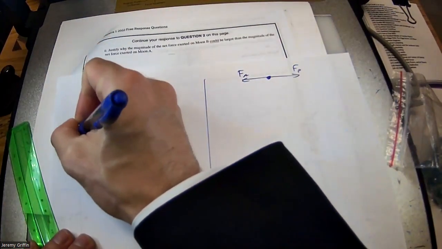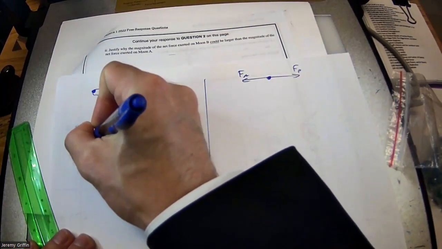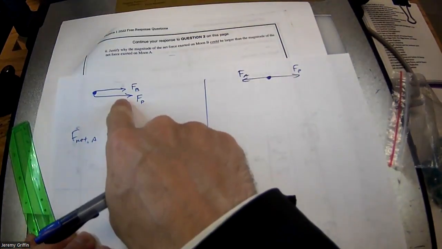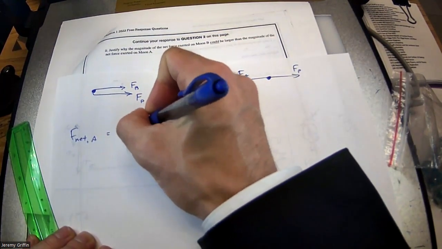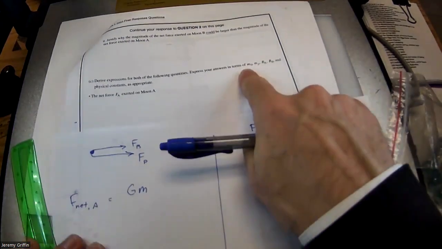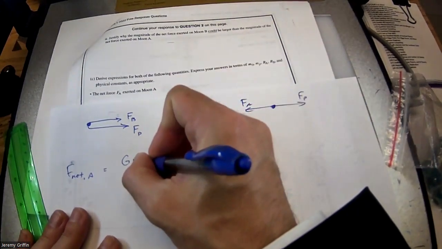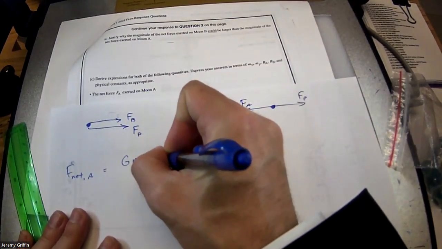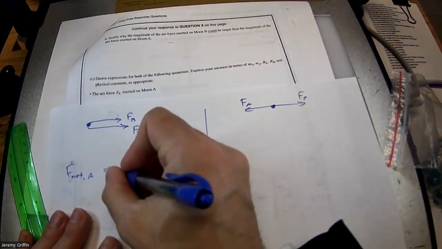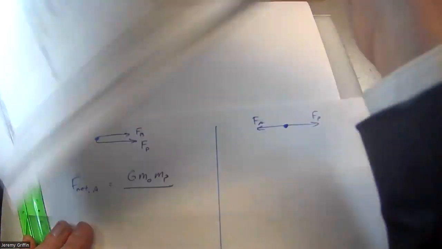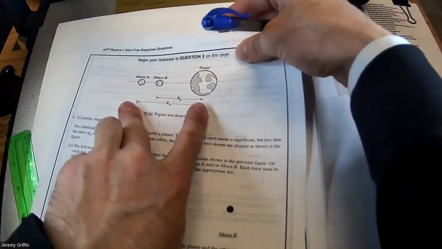So the net force on moon A is those two added together. It'd be G, M naught, mass of the planet, I guess we do this one first, divided by RA squared.